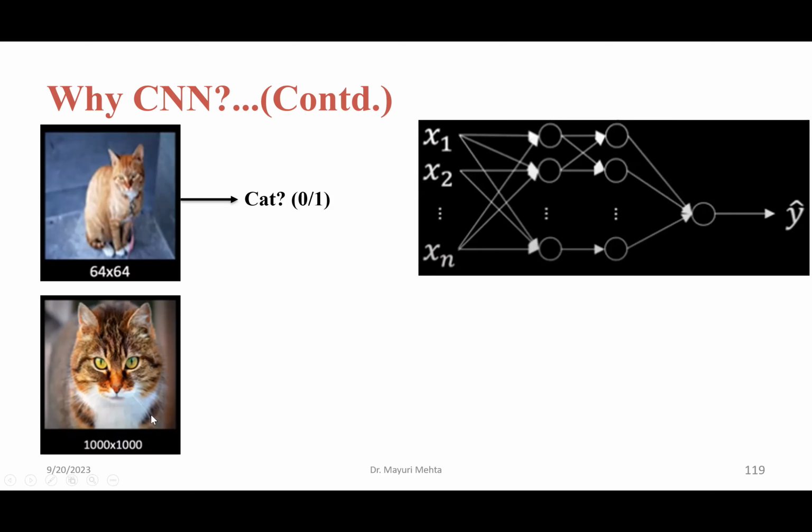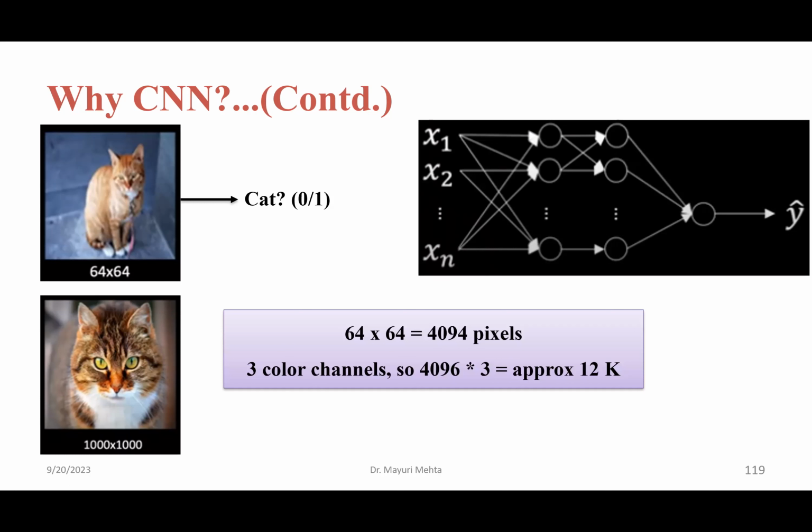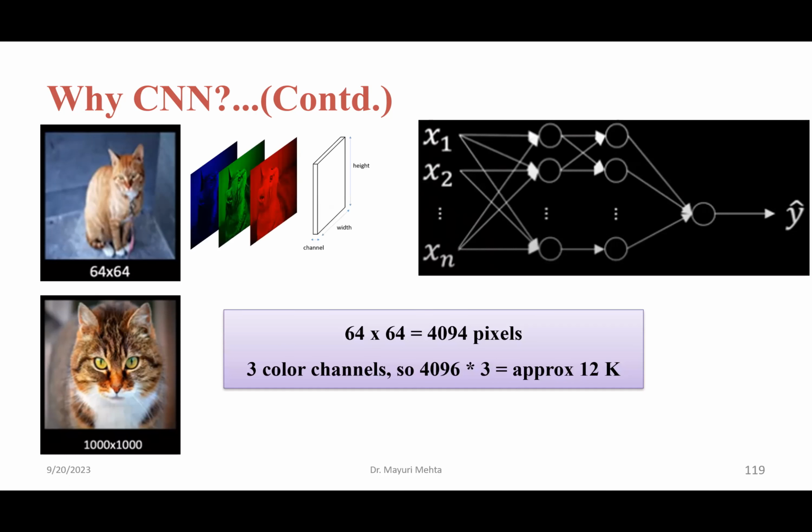If it is a color image and the resolution is 1000 cross 1000, then this n, the total number of neurons in the input layer, would be 1000 cross 1000 cross 3 because it is a color image. Even for such a small image, 64 cross 64, if we consider it a color image, then 12,000 neurons are required.